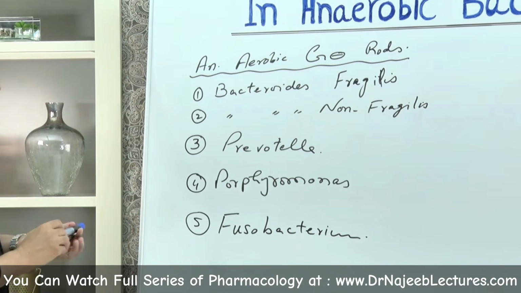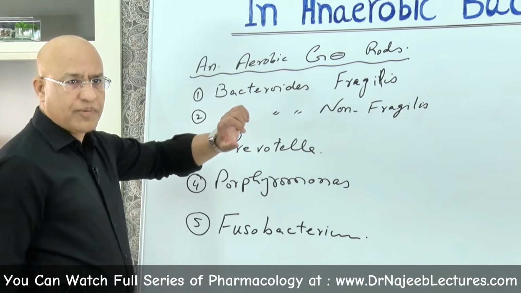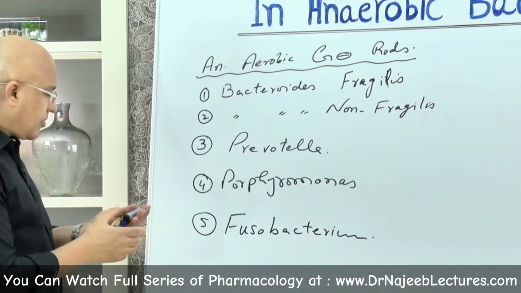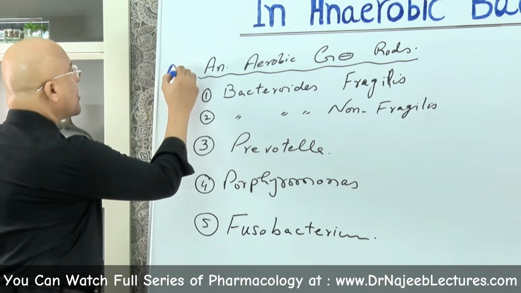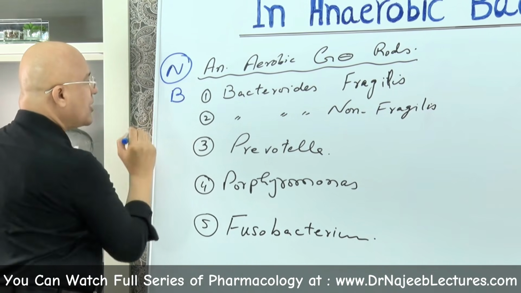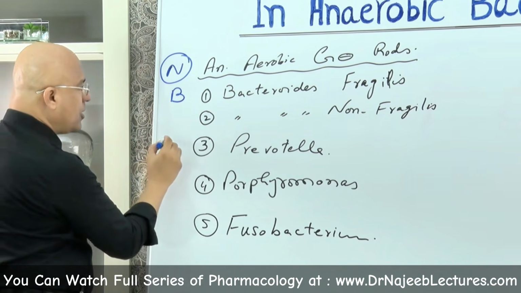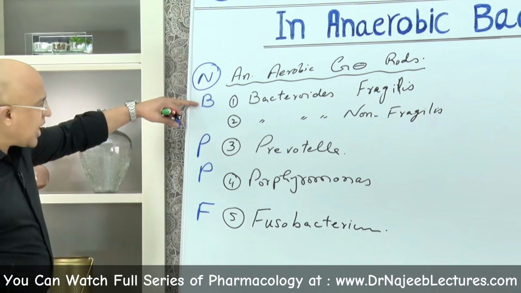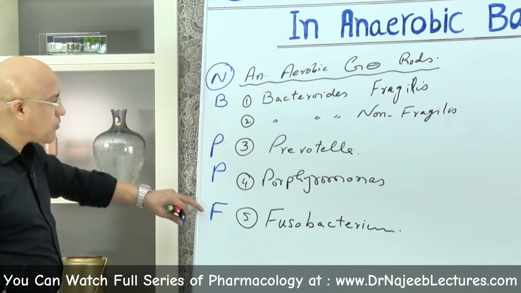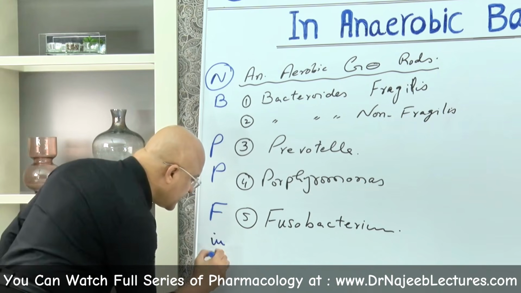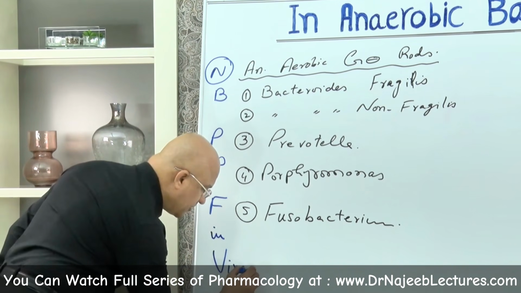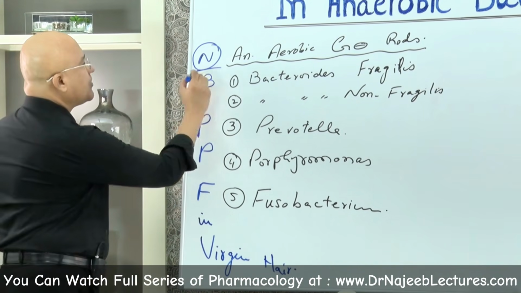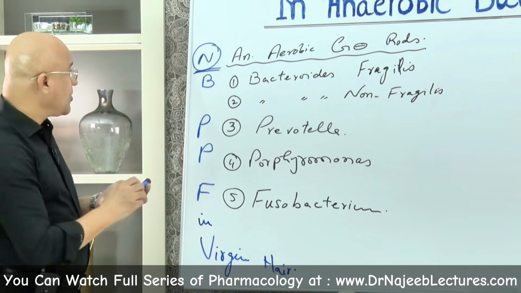One way to remember gram negative anaerobes is a simple sentence: naughty boy places pink flower in virgin's hair. Naughty stands for negative, gram negative anaerobes.